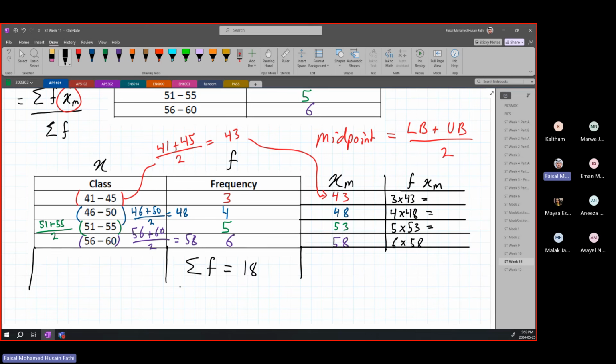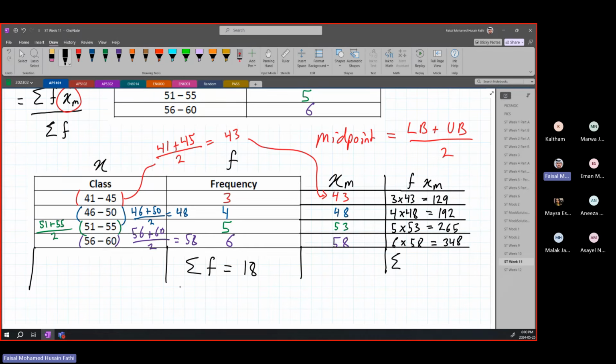All right. And we need to find the total of this over here. So first it's 3 times 43, which is 129. 4 times 48, which is 192. 5 times 53, which is 265. And 6 times 58, which is 348.